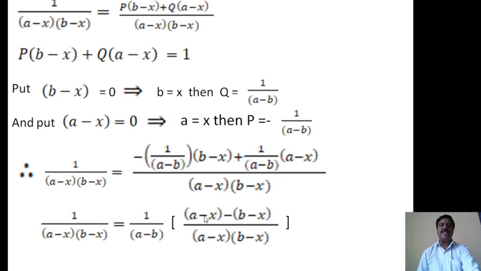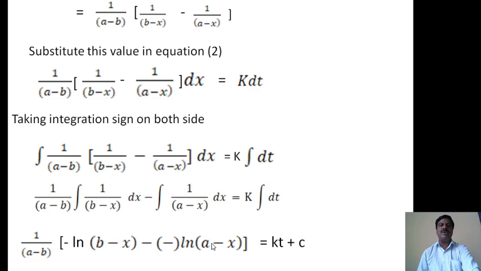Then (a minus x) and (a minus x) get cancelled, so 1 remains, and (b minus x) and (b minus x) get cancelled, so (a minus x) remains. Therefore, we will get 1 divided by (b minus x) minus 1 divided by (a minus x).